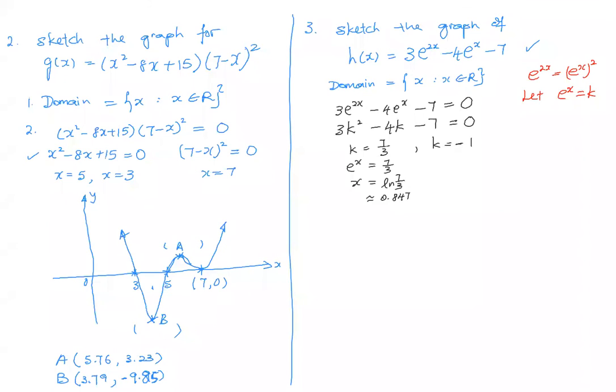Okay, for this one, e to the power x is equal to negative 1, which is no solution. I told you already, never write x equals ln negative 1. Straight away tell me no solution.